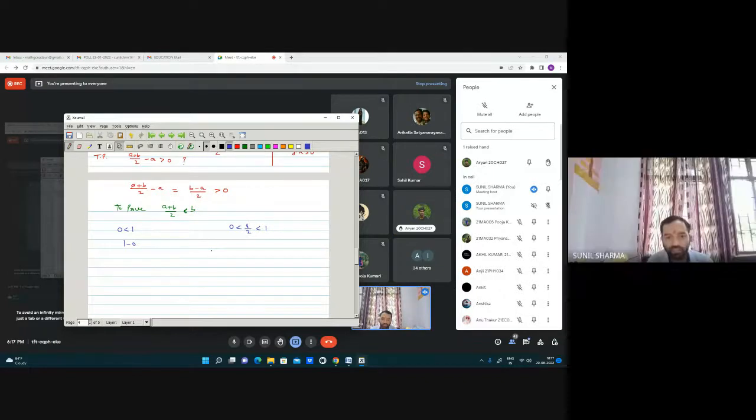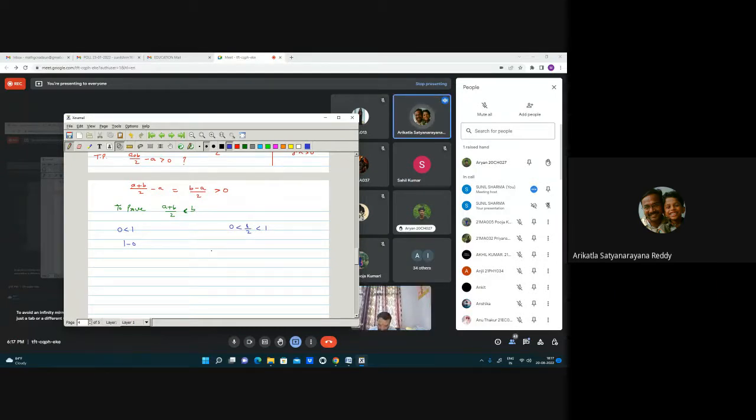Satya sir, can we use this property? No, that's what actually you have something in your mind while you're asking. That's why you can tell. Otherwise you can ask questions like, can you prove that A square is greater than or equal to 0? Ask maybe that question.